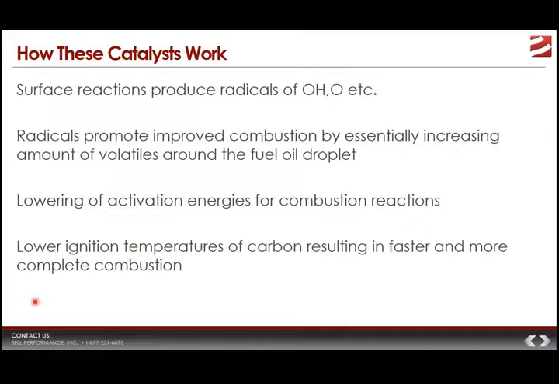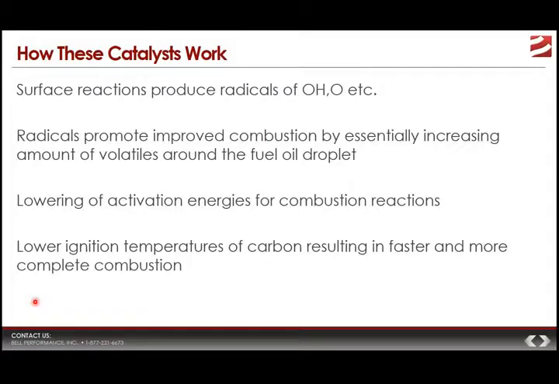Now, if you remember, combustion is a chain reaction series of chemical reactions where carbon-to-carbon bonds are being broken and heat's being produced. In order for those to happen, every chemical reaction needs a certain energy input in order to make it happen. It's what's termed the activation energy.